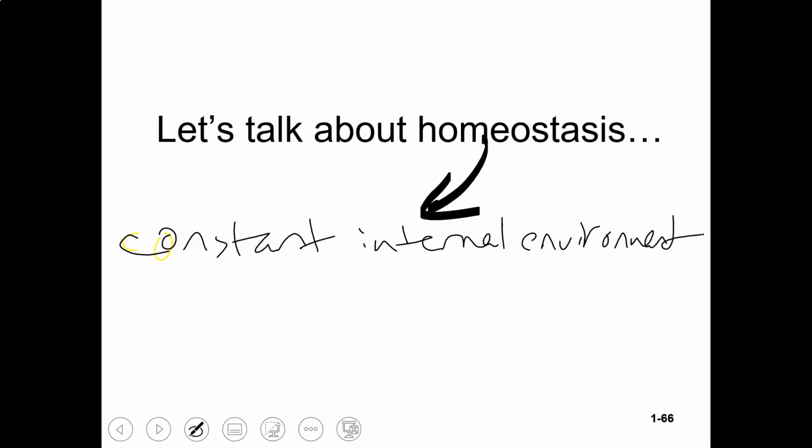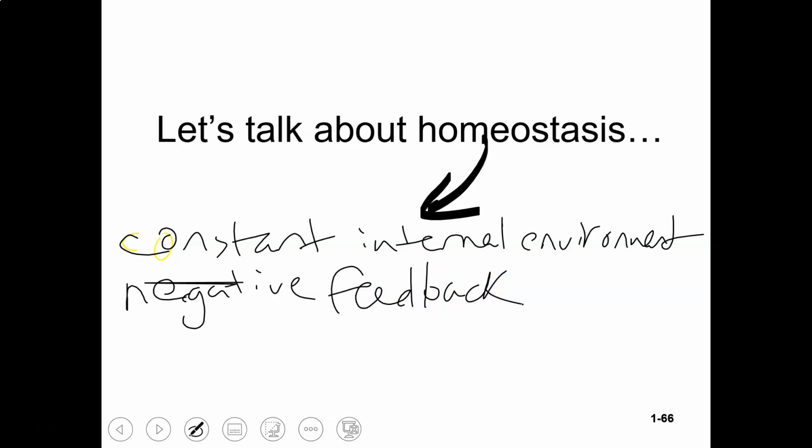How do we maintain homeostasis? Well, we maintain homeostasis through a process called negative feedback. Negative feedback is when the product of a system inhibits the system.